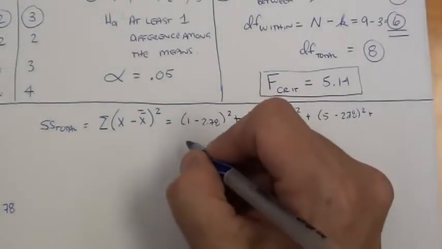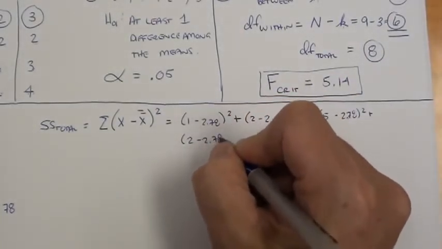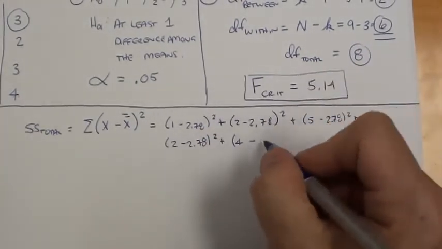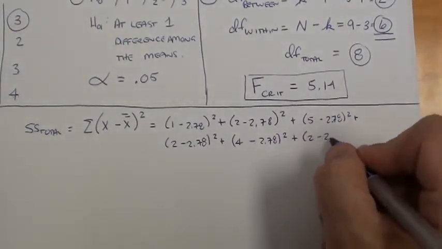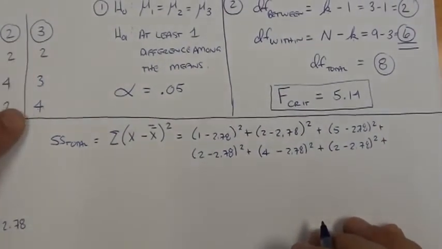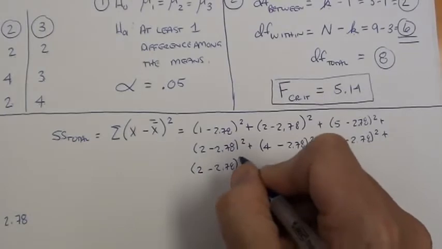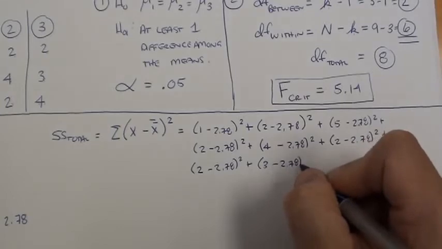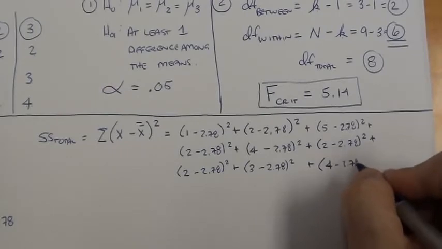So if I keep going, we'll have 2 minus 2.78 squared plus 4 minus 2.78 squared plus 2 minus 2.78 squared. And then we're now on our last condition, for 2, 3, and 4: 2 minus 2.78 squared plus 3 minus 2.78 squared plus 4 minus 2.78 squared.